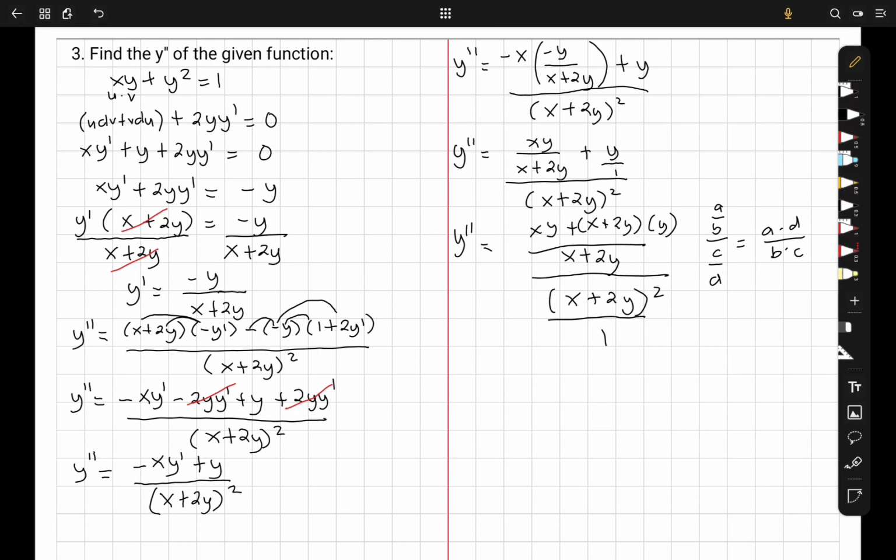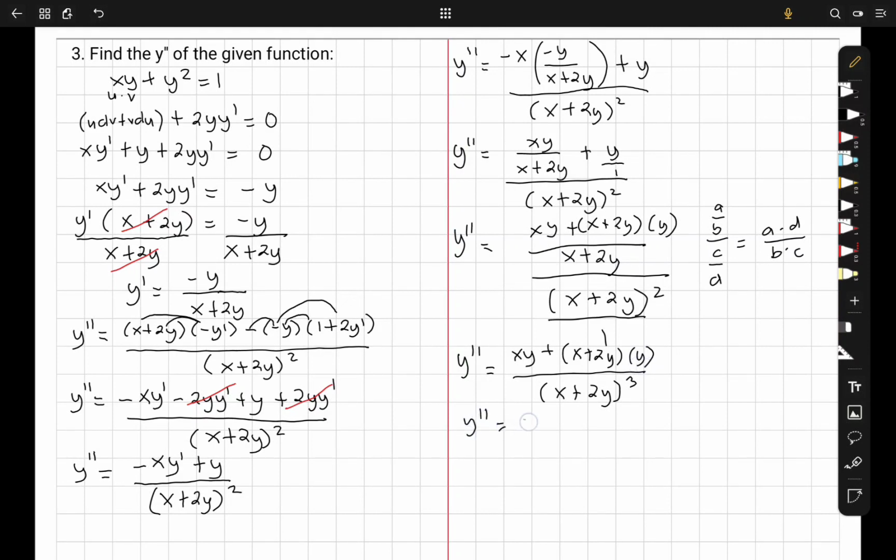So, by simplification, we have y double prime is equal to x plus 2y raised to 3, kasi ito is yung ating c and ito yung ating b, right? Parehas sila, and madadagdagan lang ng exponent. Then, kopya lang natin nasa taas: xy plus x plus 2y multiplied by y.